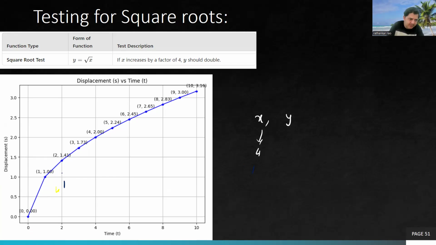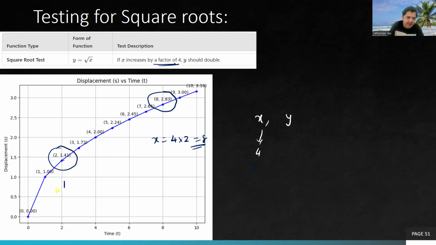Now let me choose values like x equal to 2 here. When I say I'm going to increase it by a factor of 4, I'm going to write x equal to 4 times 2, which is equal to 8. Now, where is the point 8 here? I'm going to take this point over here. Now, what does it say? Y should double.